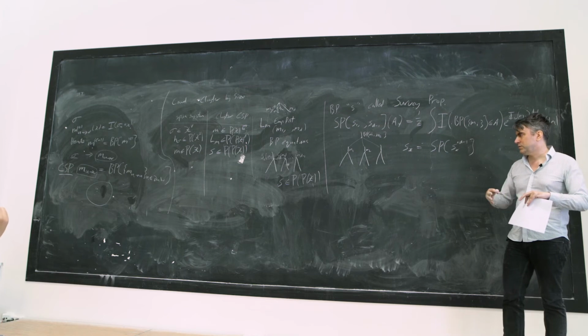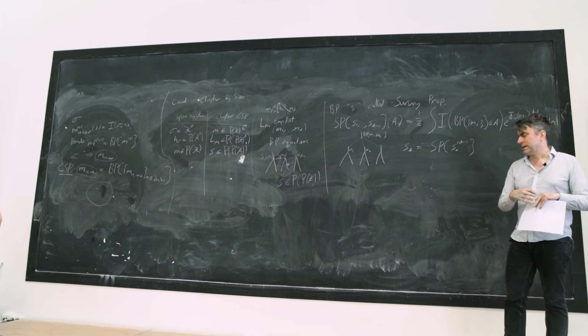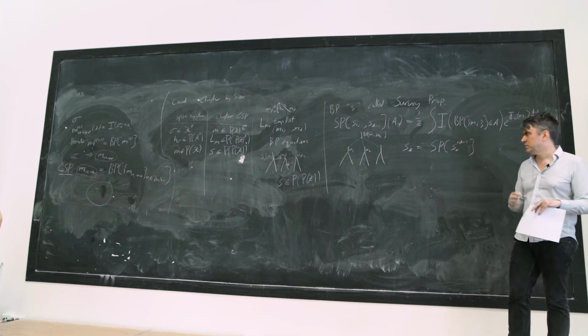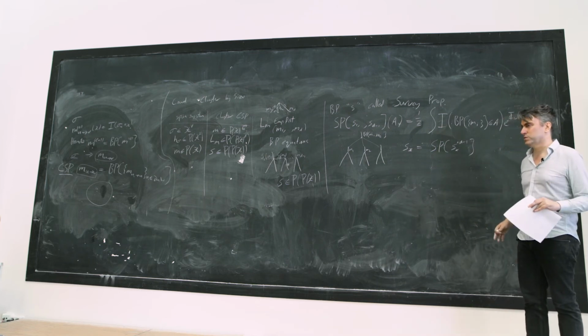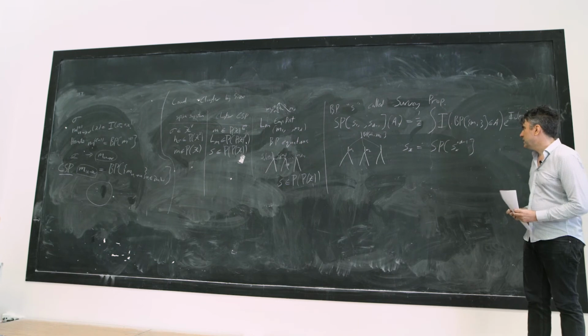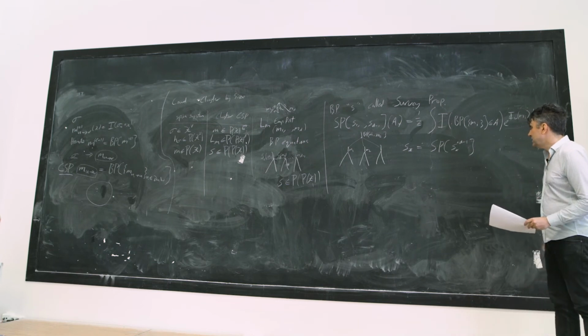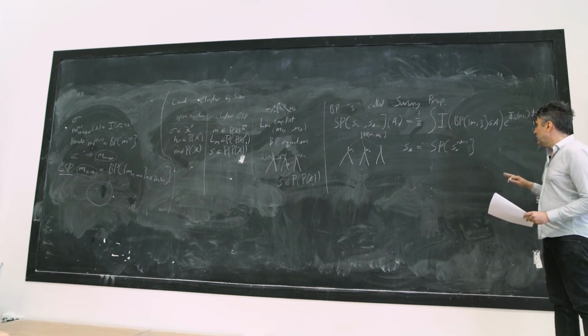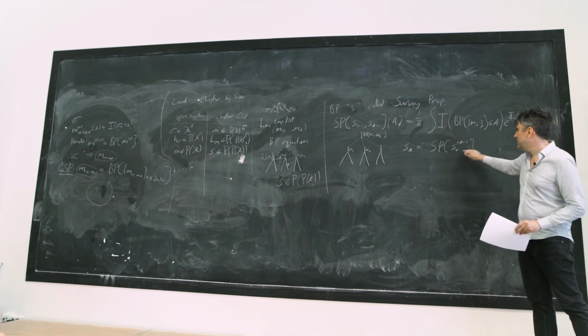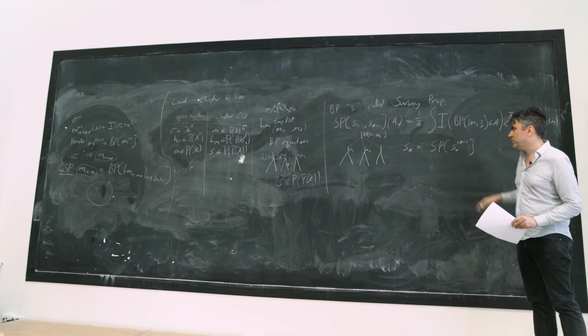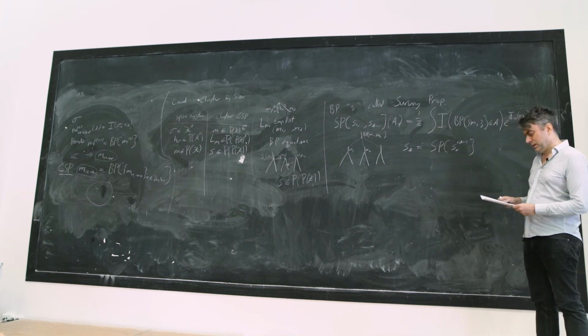There'll be countably many possibilities, but we could still think of it as a function of a countable number of states rather than a measure. Okay, and so we solve for S star, these survey propagation equations.